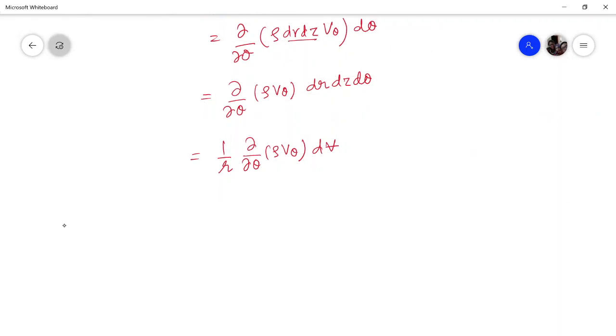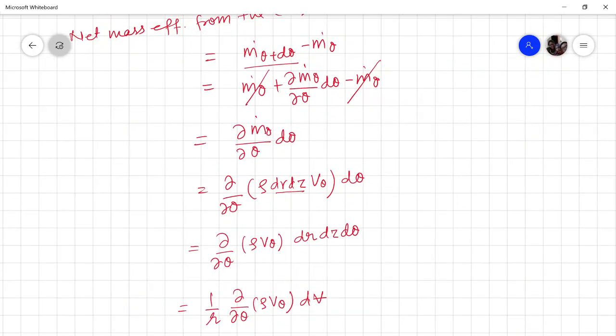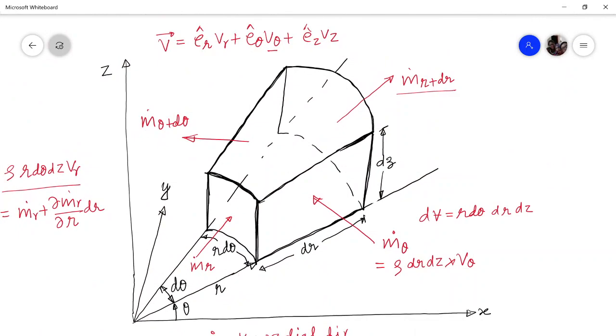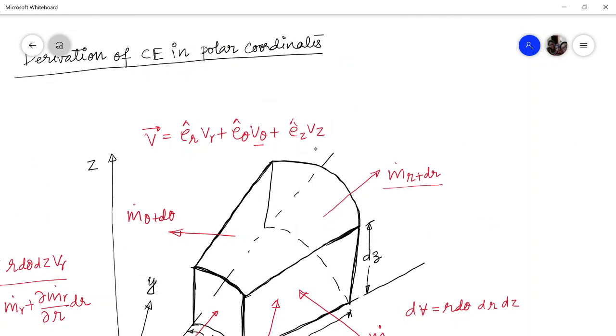Now similarly you can also go for mass efflux in the z direction. So net mass efflux across the plane perpendicular to the z direction. So that will be what? Now come again to this figure. So in the z direction, let us say it is entering with m dot z, and after a distance dz, it is leaving with m dot z plus dz.